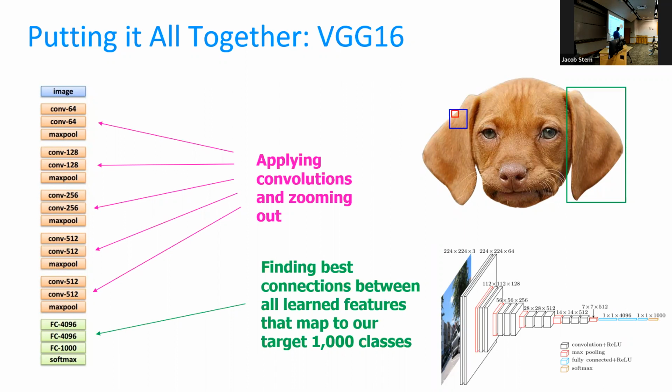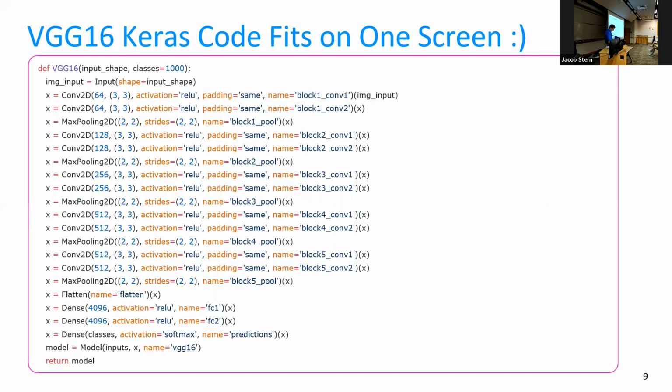But I think what I'm trying to say is that zooming out kind of happens by virtue of having a deep neural network, even if you aren't shrinking the spatial dimension. Okay, so this is how you make that VGG architecture.